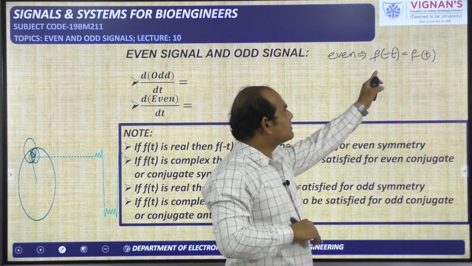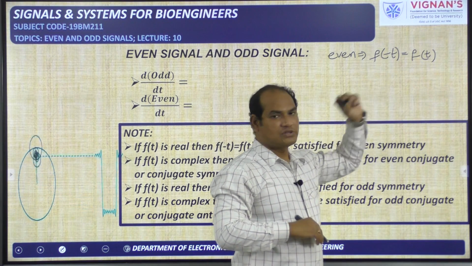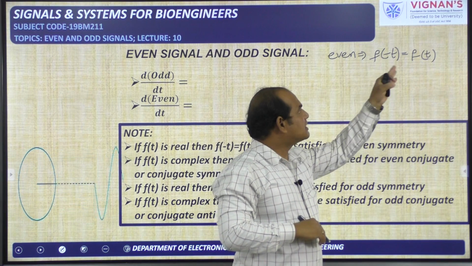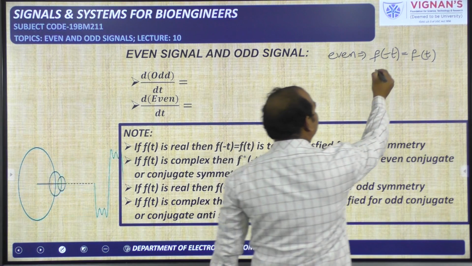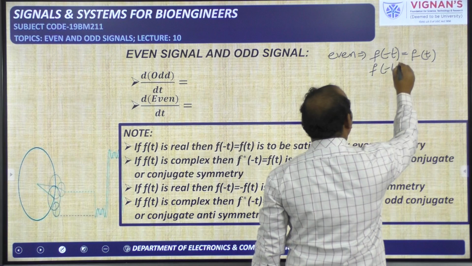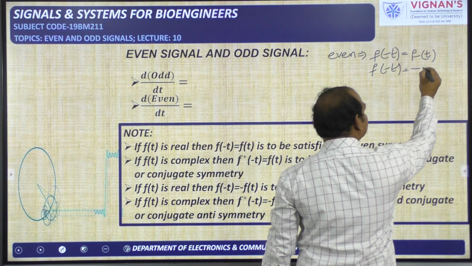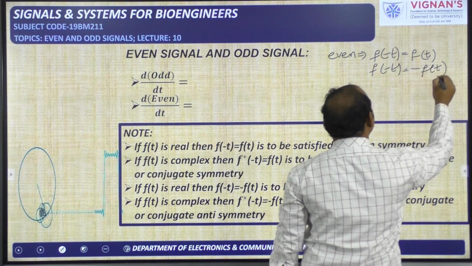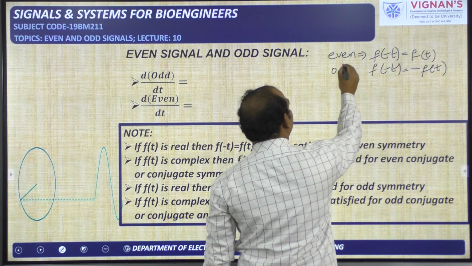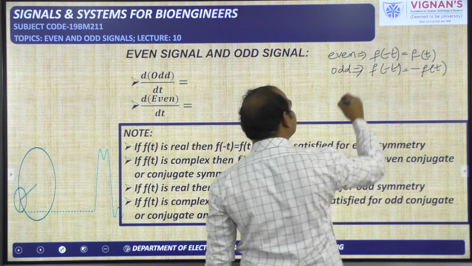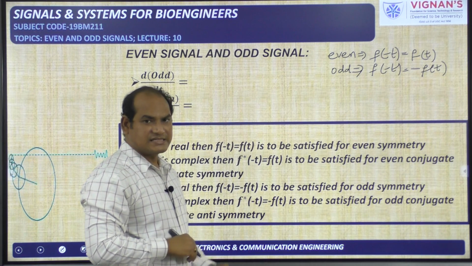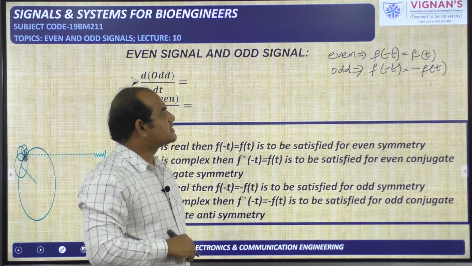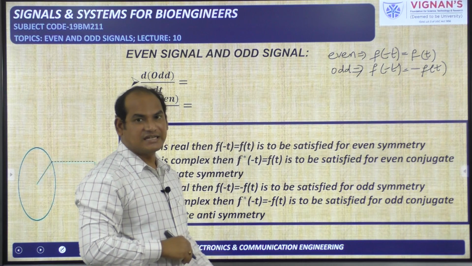If the time reversal version of the signal is equal to the original signal, then we can say the original signal f of t is an even function. If the time reversal version is equal to the amplitude reversal, that is minus f of t, then I can say f of t is an odd signal. So in this way, f of minus t equal to f of t means the signal is even, and f of minus t equal to minus f of t means the signal is odd.